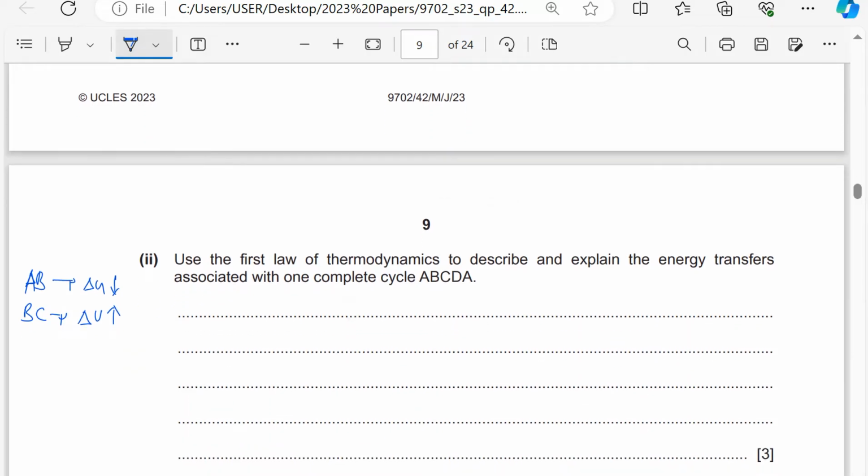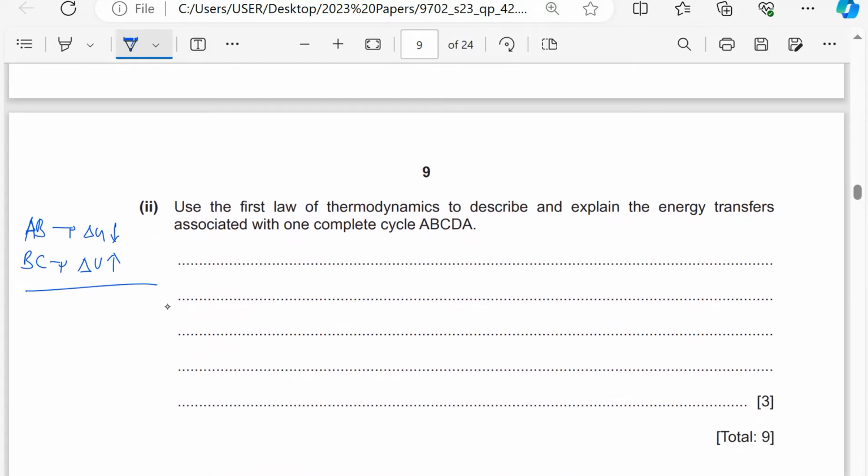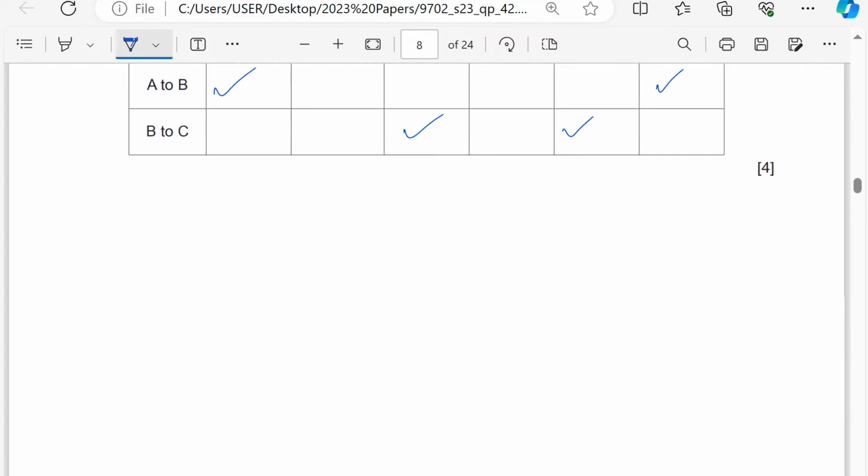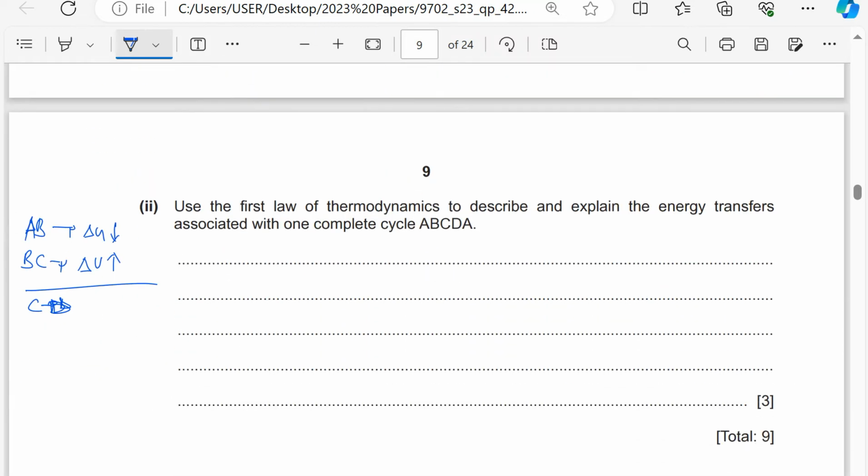Okay. Then let's check what happens to C to D. The pressure is constant, the volume is increasing. If you consider PV equals nRT, pressure is constant from C to D, V is increasing.